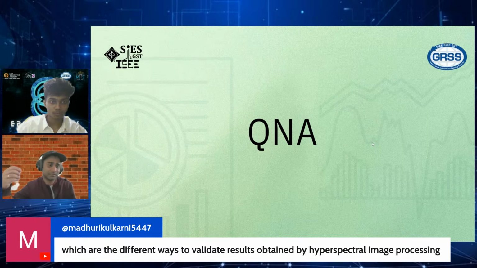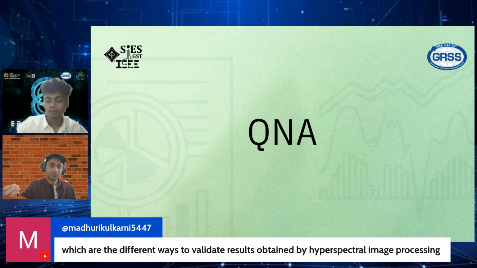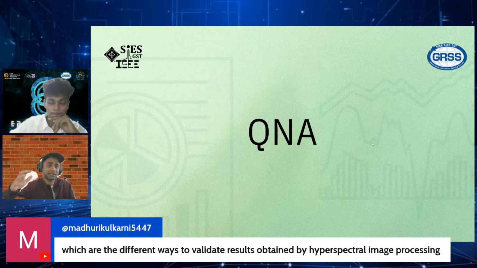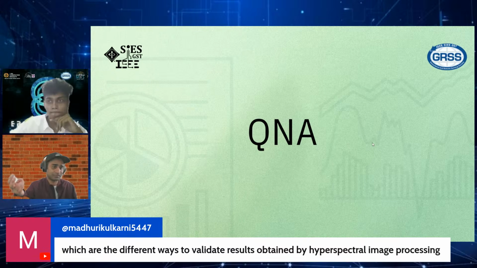Let's say the land cover classification example. You want to classify into different features. Let's say in my area of interest, I want to classify five different classes: forest, water bodies, agriculture, barren land, and the built-up area. So I will be collecting the information on the field.